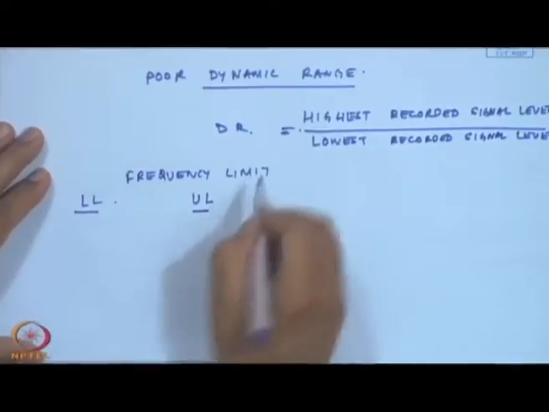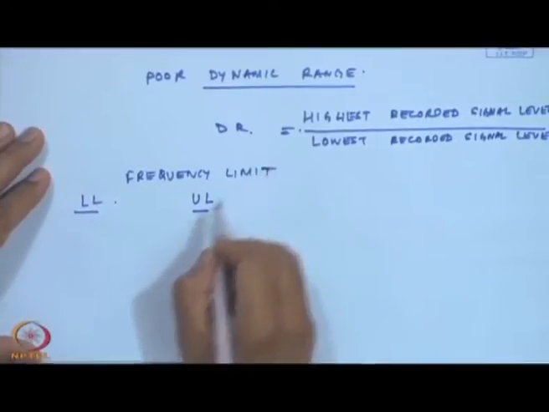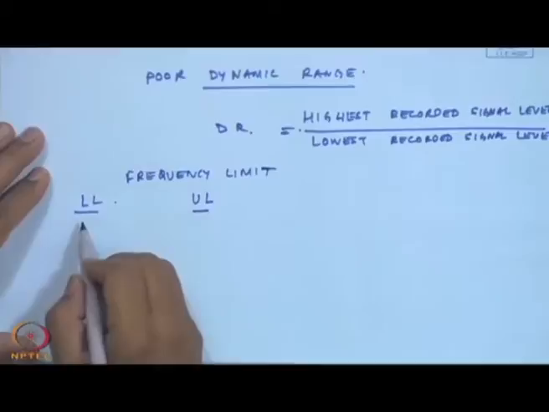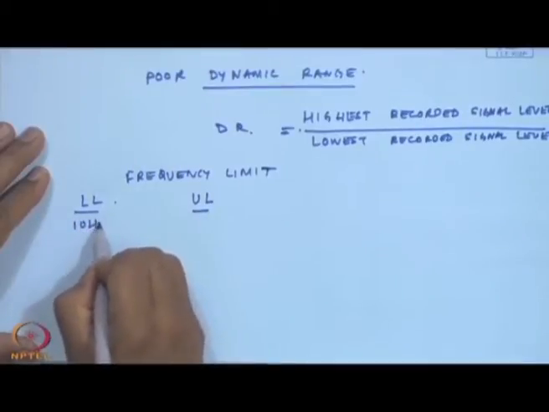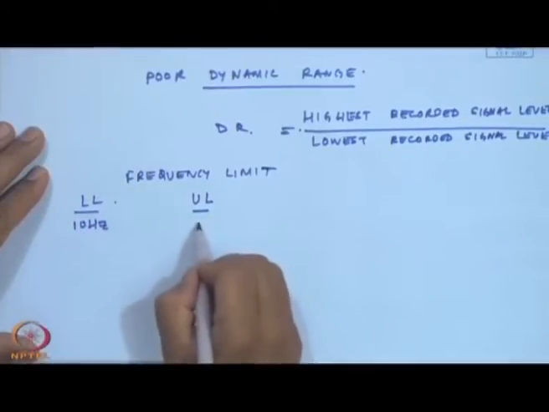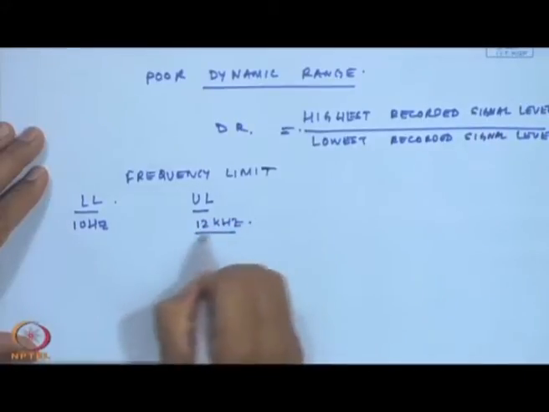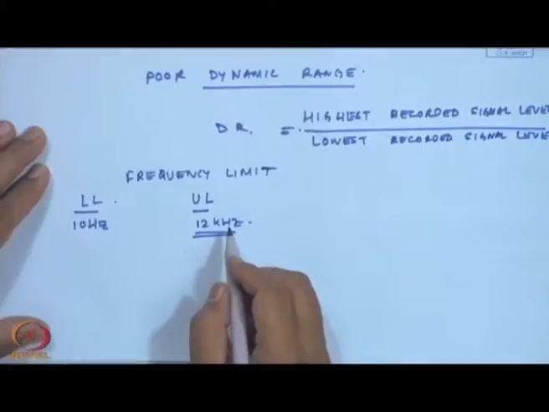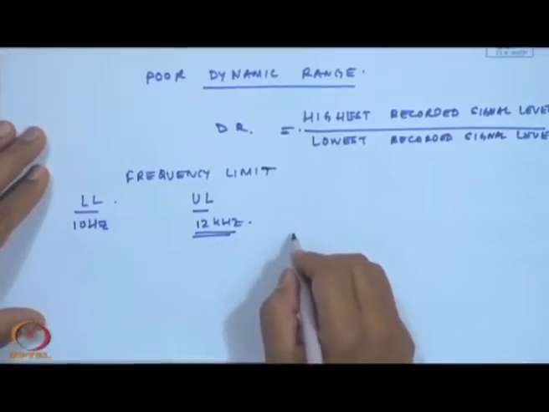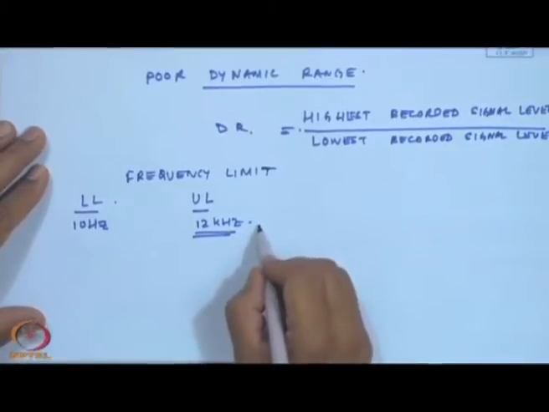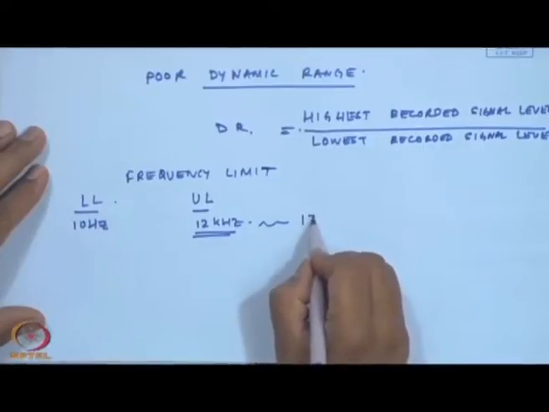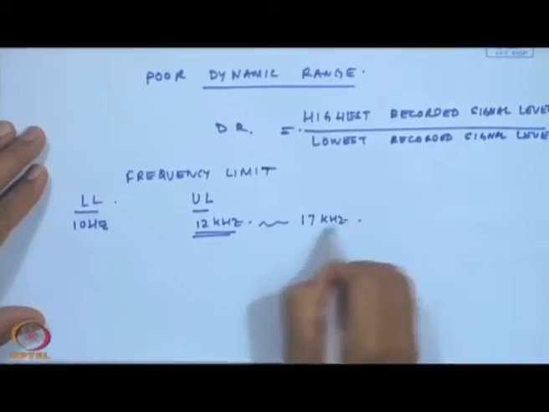And traditionally these magnetic tapes had a very low upper limit, could be as low as 10 hertz and maybe as high as maybe 12 kilohertz, so on. And this later on improved with the type of tapes. There were metal tapes, chromium tapes, etc., wherein this could go up to maybe 17 kilohertz.